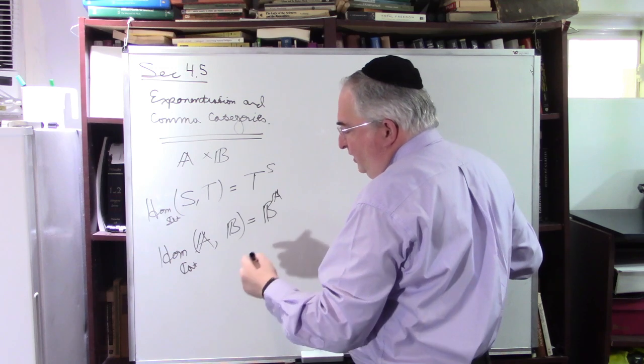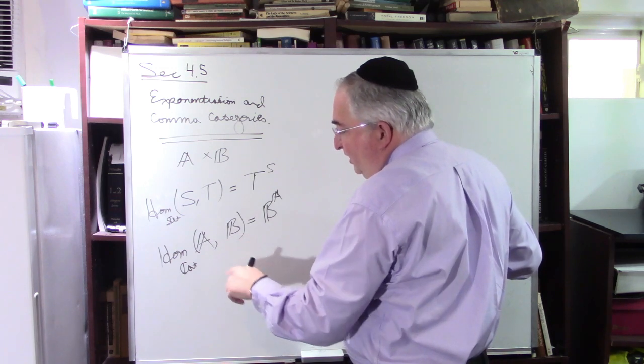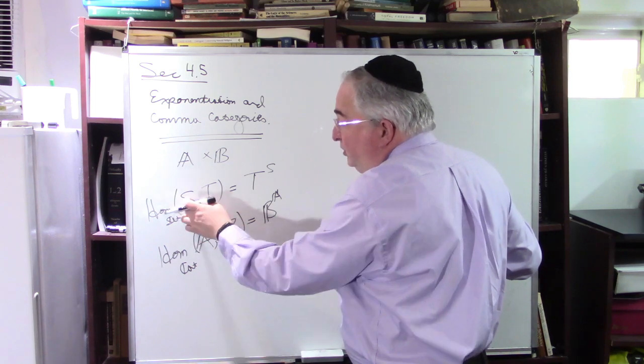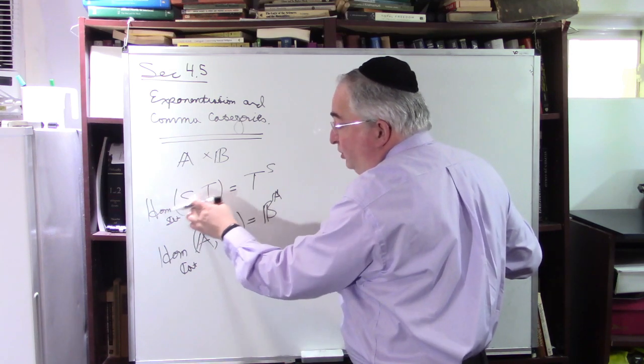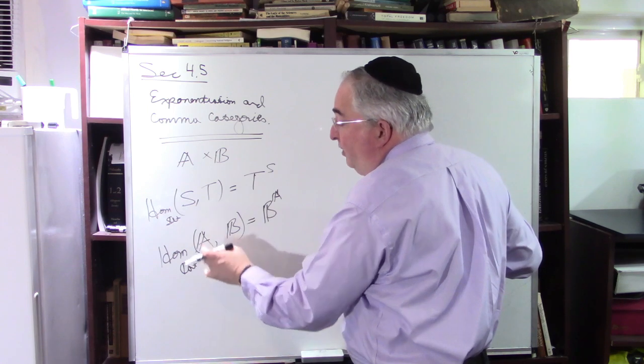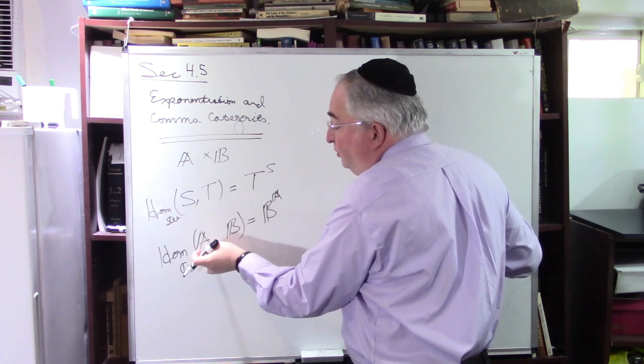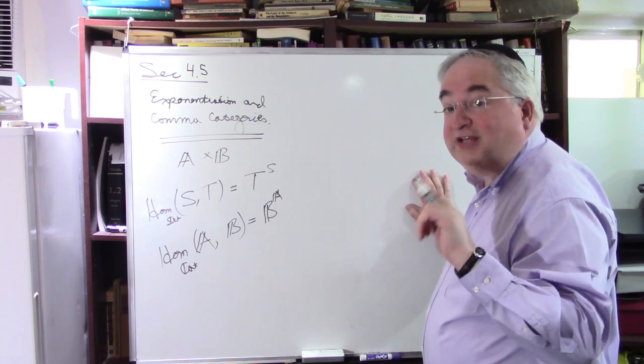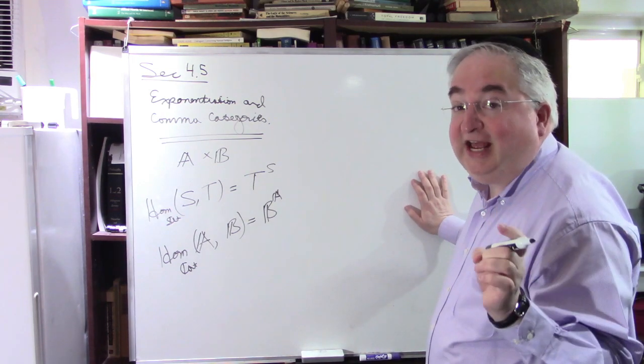And the idea is, what is this? This is the collection of functors from A to B. Before, it was the set of functions; now we're talking about categories, so this is the collection of functors. It's more than just a collection because it has more structure than just a set.